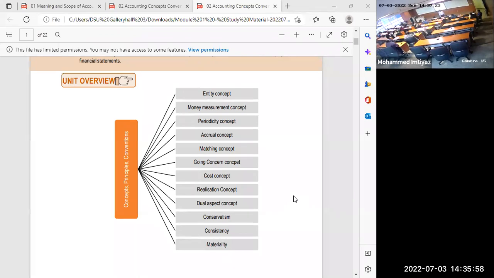Cash voucher means you'll go and give a voucher and collect cash. Is it so? What is that exactly? No, suppose I am working in your company, I am a serviceman.